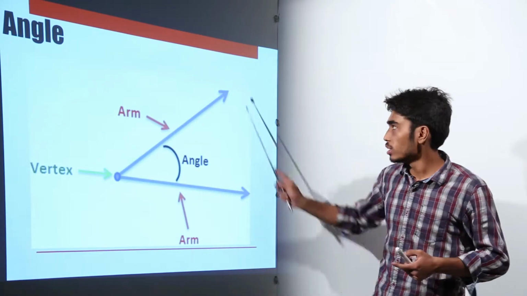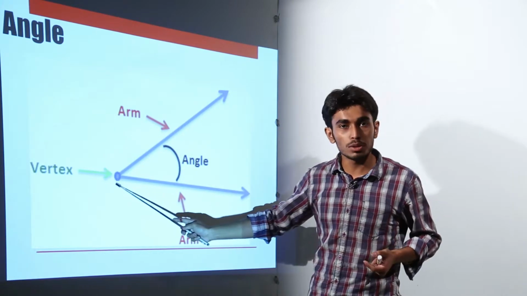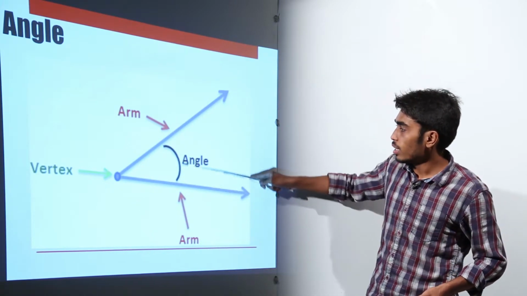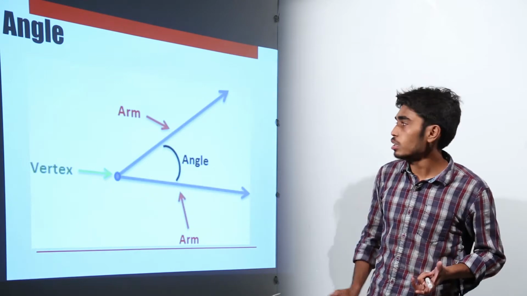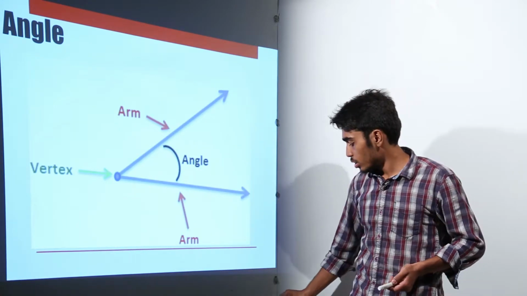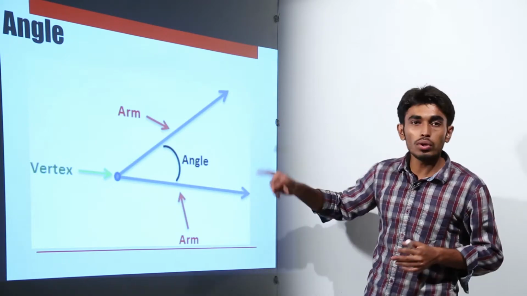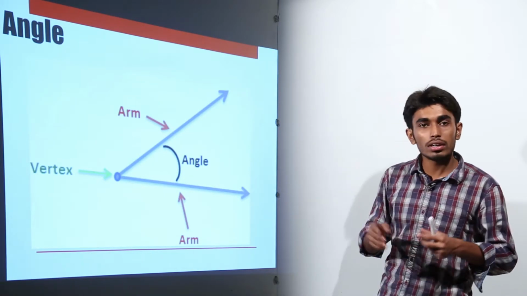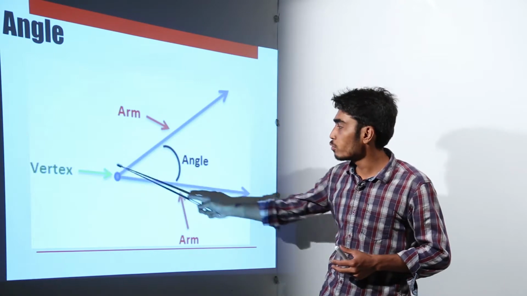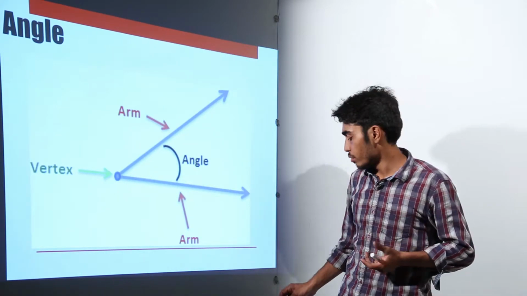Both the rays are intersecting at this point, then this is called the angle between the two rays, right? So an angle is subtended between two rays that are emanating from a single same point, right?